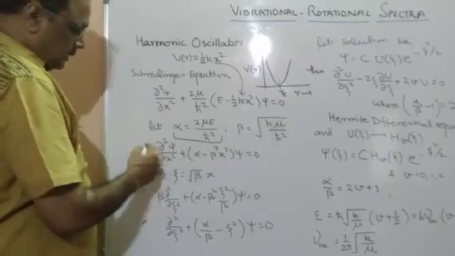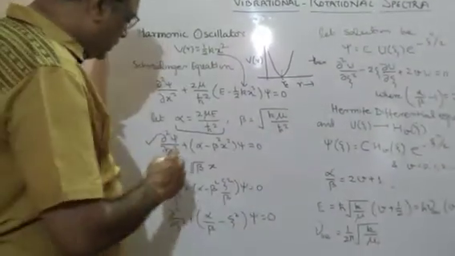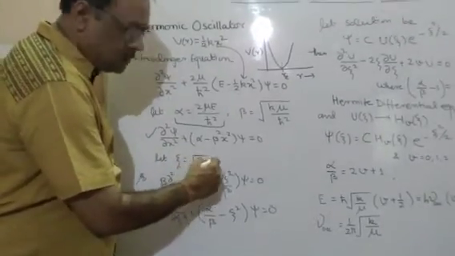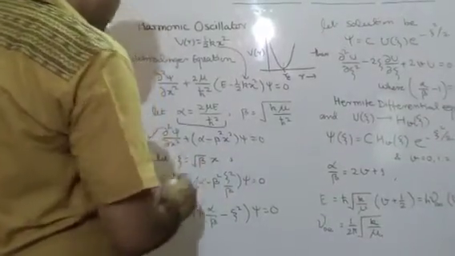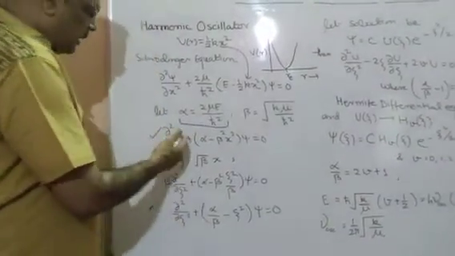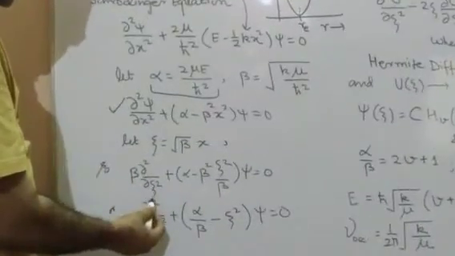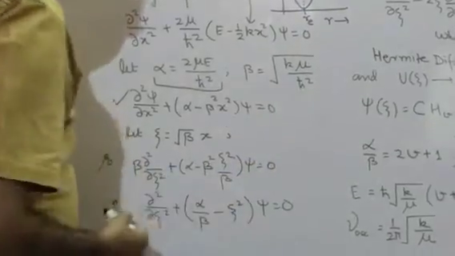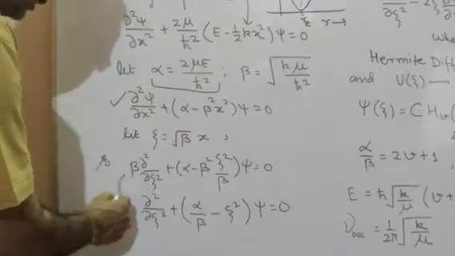Then the second order differential equation takes this form. Suppose we take psi equal to under root beta x, then we can replace the above equation by beta del square upon del chi square plus alpha minus beta square chi square upon beta, psi equal to 0, which is further reduced like this.